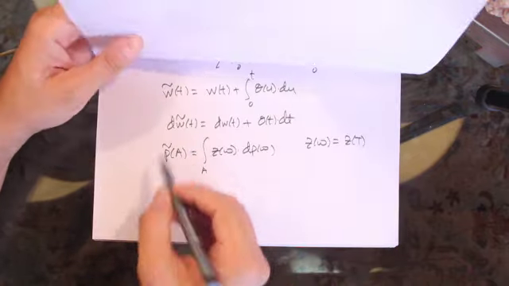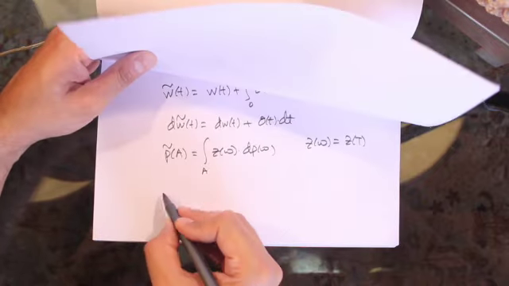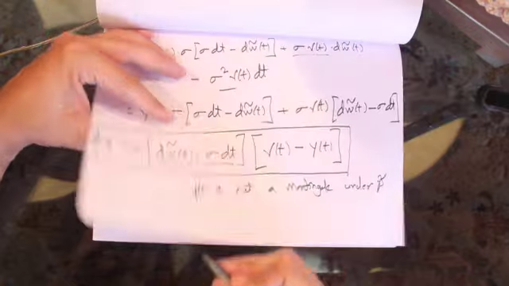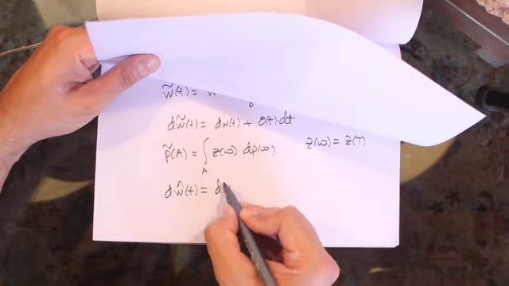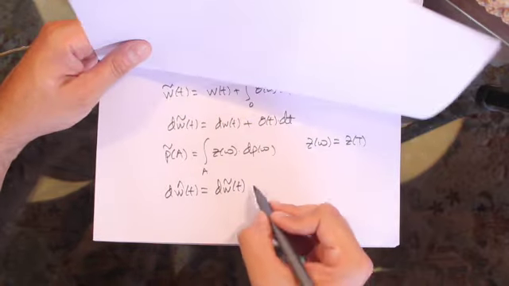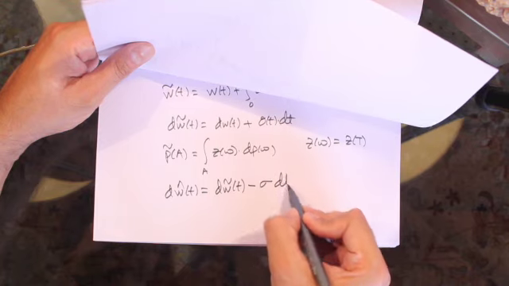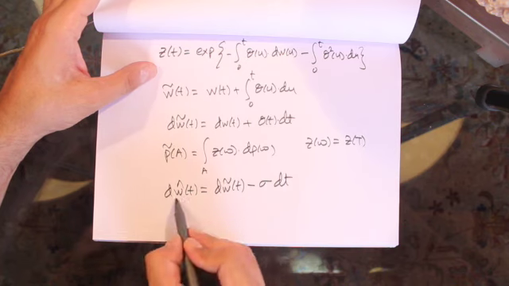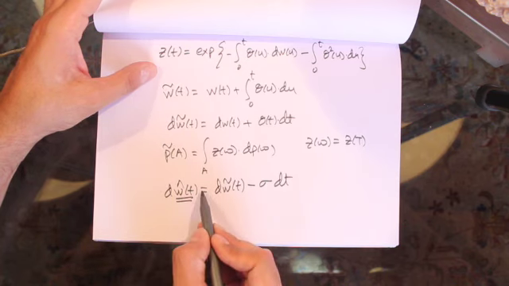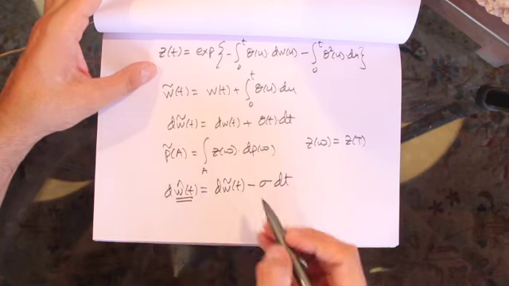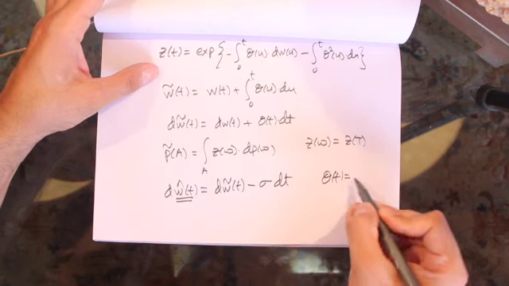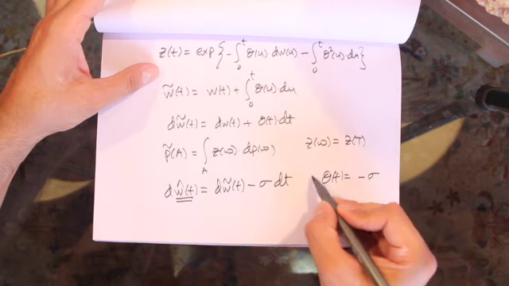So here we can write dW hat(t) as dW tilde(t) minus sigma dt, right? And if we compare these two, we are defining a new process, W hat(t), and instead of theta(t), from here we can see theta(t) is nothing but minus sigma.